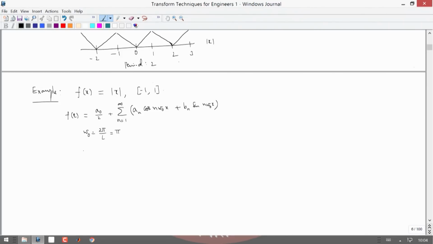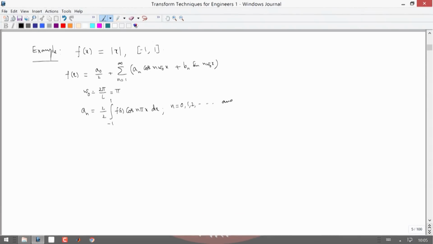Where the A n's are actually 2 by L, L is 2, this is from -1 to 1, and you have f x cos n, omega naught is pi, so you have n pi x dx. This includes n running from 0, 1 and so on.